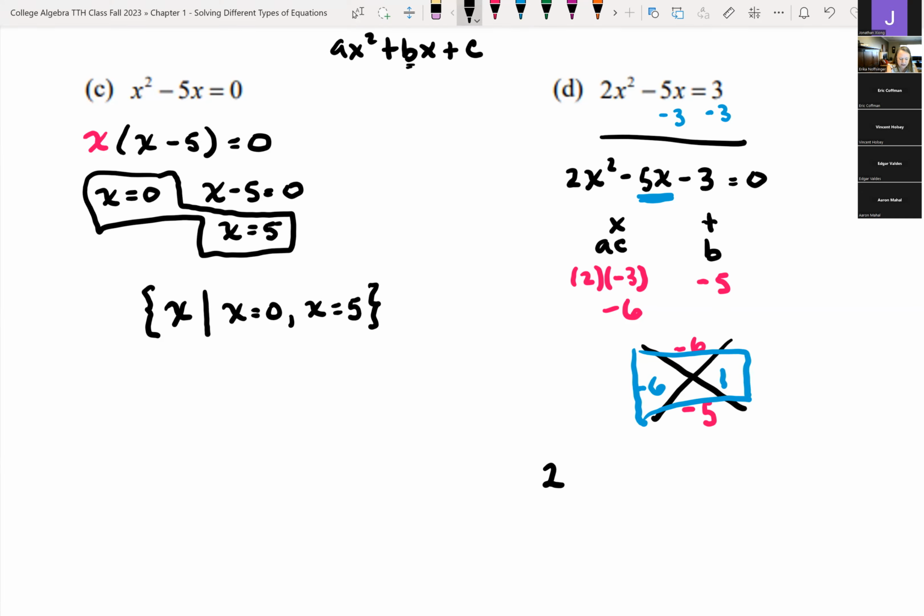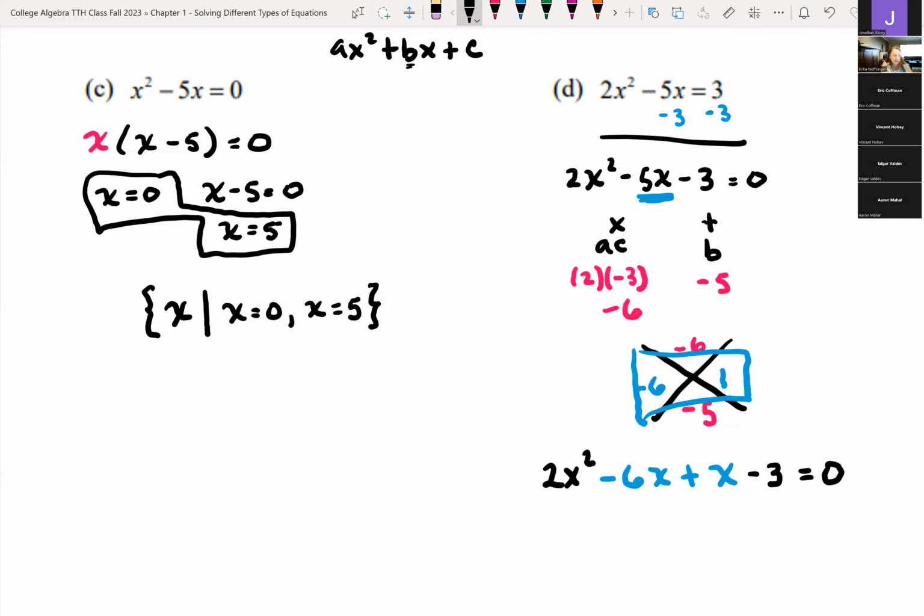I'm going to take 2x squared and bring it down because I haven't done anything with it. And I'm going to rewrite the middle term as negative 6x plus 1x, but I don't need the 1 in front of the x. It's just known to be 1. Because those are like terms, if you added negative 6x plus x, you get back that middle term, negative 5x. So it's equivalent to what we had before. And then minus 3 is equal to 0.